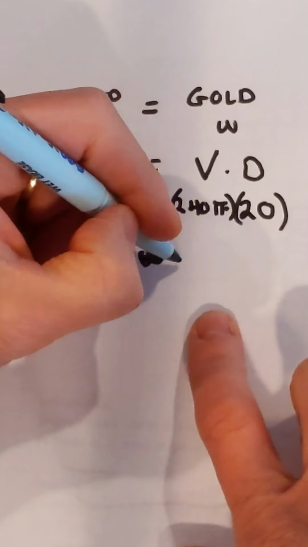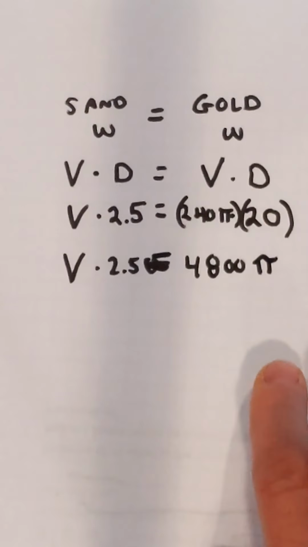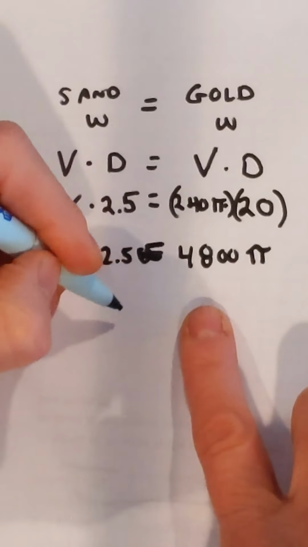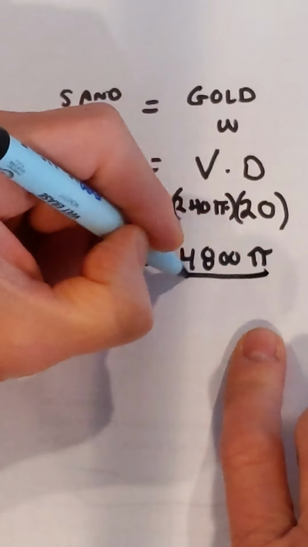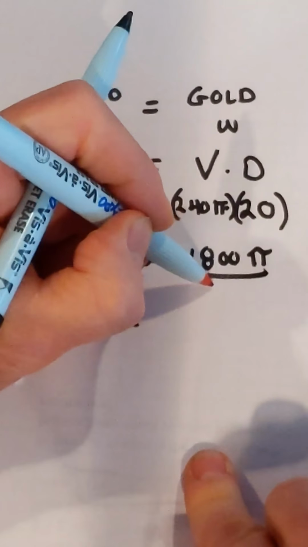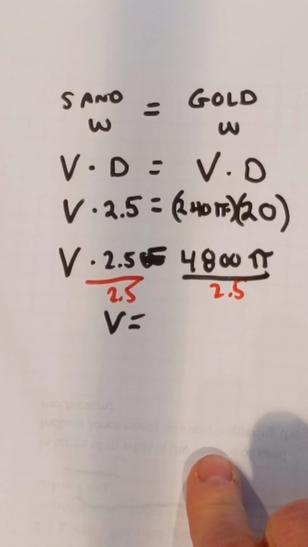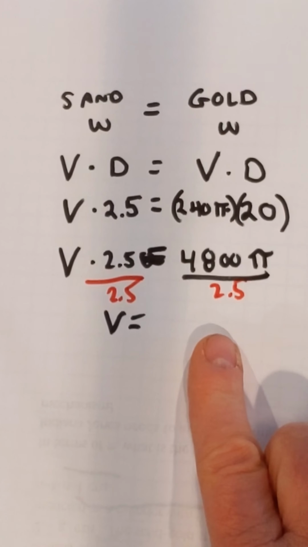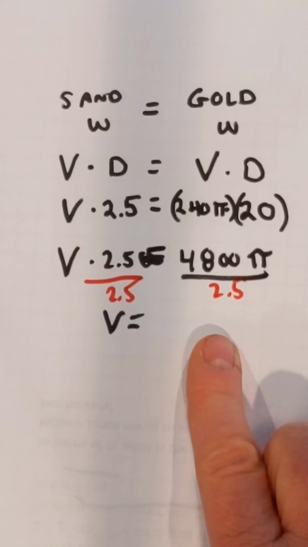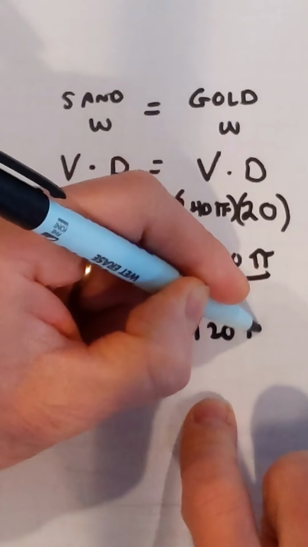That's 4,800 pi. All I have to do now to find the volume is divide both sides by 2.5. I'm just going to leave the pi there. So 4,800 divided by 2.5 equals 1920 pi.